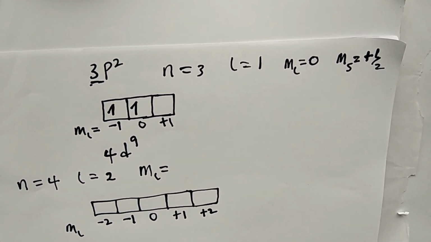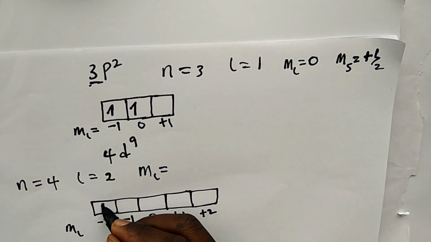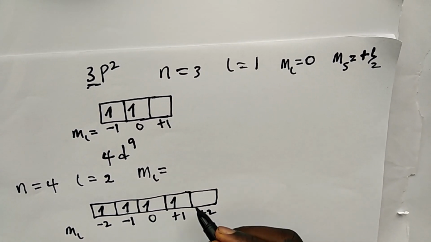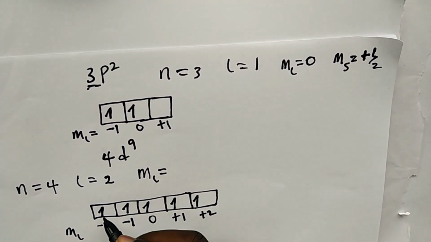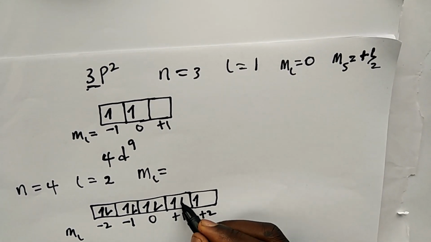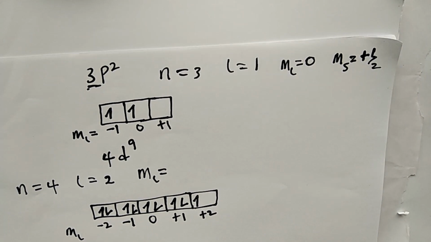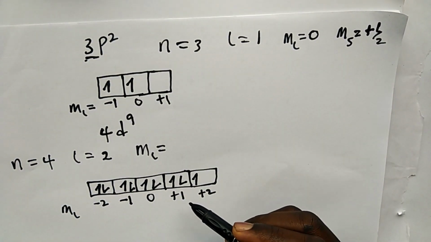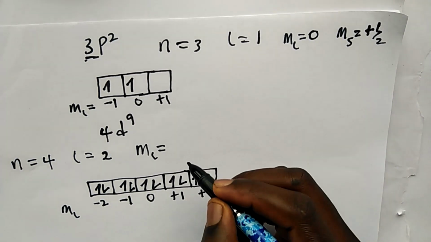Now we have 9 electrons. Going by Hund's rule, we put 1, 2, 3, 4, 5, then 6, 7, 8, 9. Since the last electron falls at plus 1, ML is equal to plus 1.